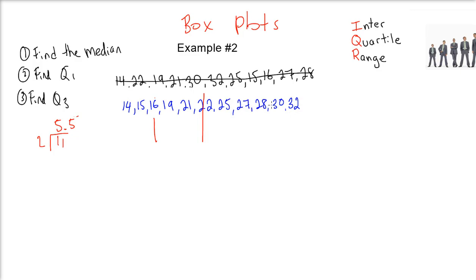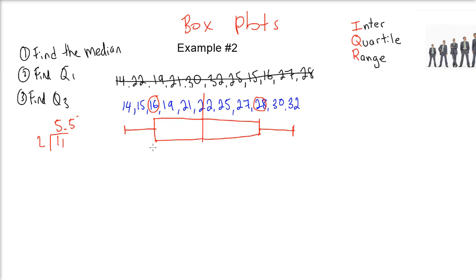There's 1, 2, 3, 4, 5, so the median number is 28. So let's make a line there. We said that was 16. So let's make our box. And the other box is going to contain 25% of the data, from 22 to 28. The maximum number that I see is 32, and the minimum number I see is 14.